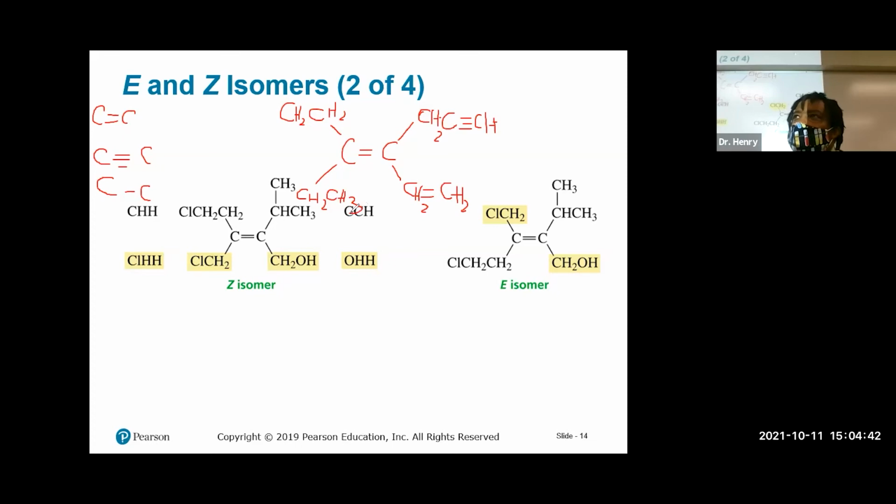Okay. So if we have something like this, Z or E. So this would be an E isomer because this has priority over the triple bond, which also has priority over the single bond.